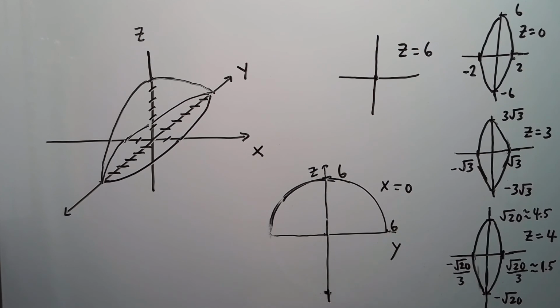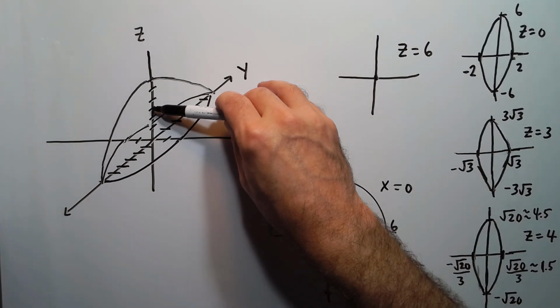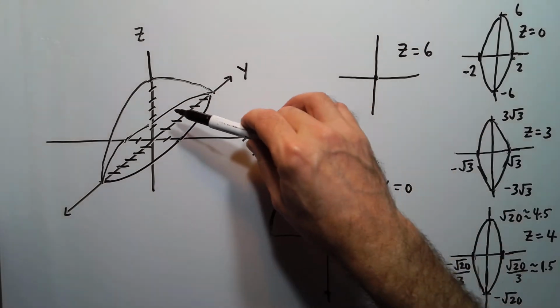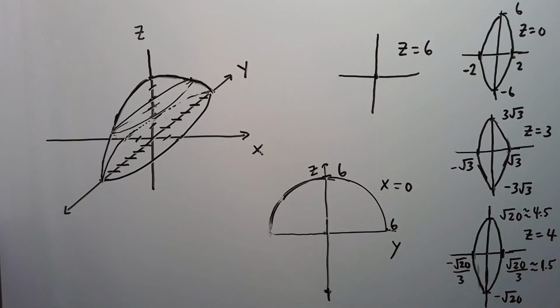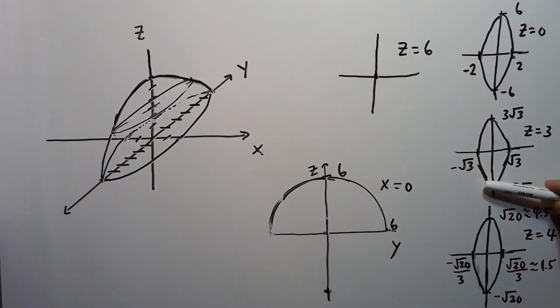Now let's do z equals 3 next. So I'm going to be up at 3, 1, 2, 3. So here, and I'm going to draw another ellipse at 3. So let me do that. So it looked like this guy here will be this one.